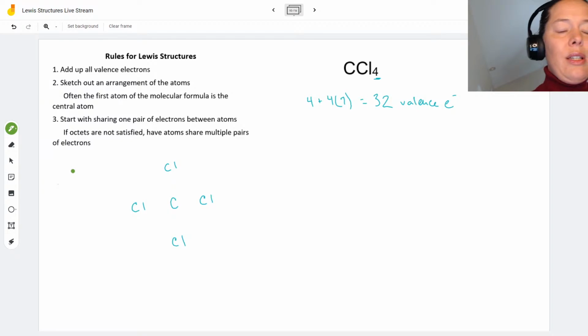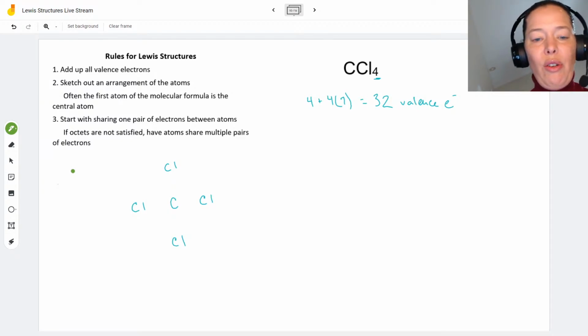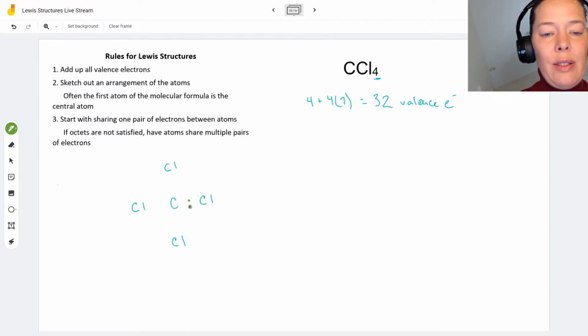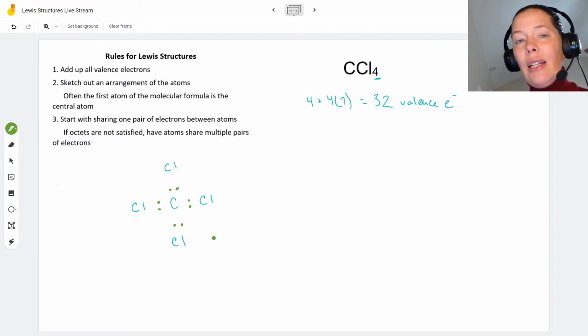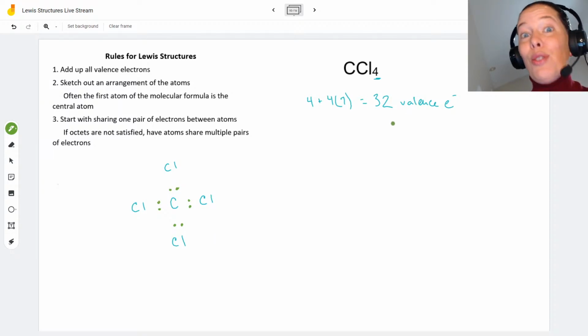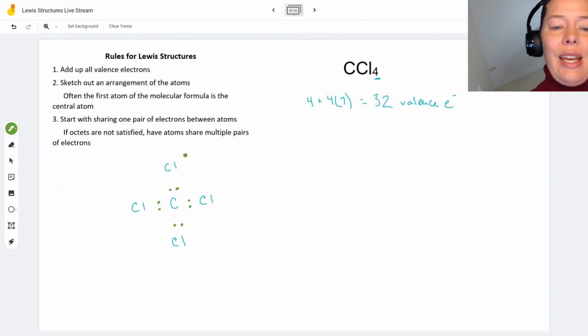Again, I'm going to start with my single bonds. So each carbon-chlorine is first going to share one pair of electrons. So I have used 8 electrons and I've got to get to 32. So I'm going to start putting electrons in.